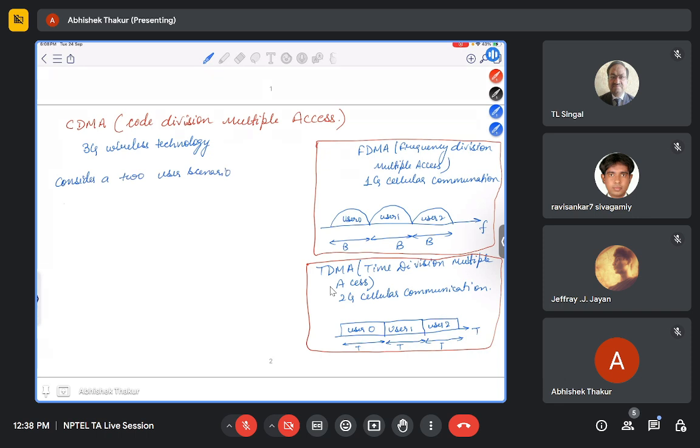Let A naught denote the symbol of user 0, and A1 denote the symbol of user 1.